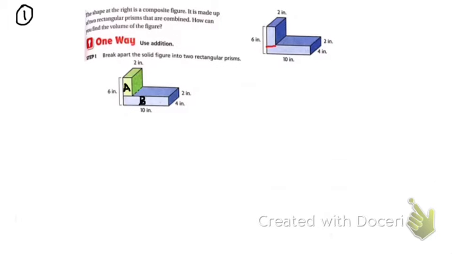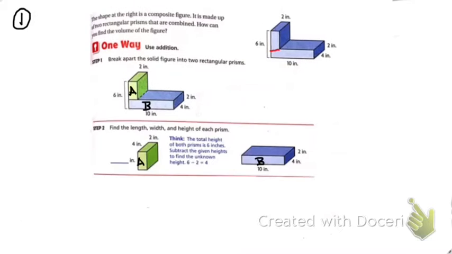Remember, when you cut it in half, you're picturing yourself making 2 separate rectangular prisms, as shown here in the green A rectangular prism and the blue B rectangular prism. And in your mind, you can kind of separate them into the separate rectangular prisms as shown here in step 2. Right? If you look at it, you separate it in your brain into 2 rectangular prisms, you can then find the volume of each prism.